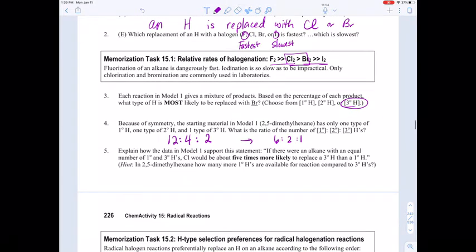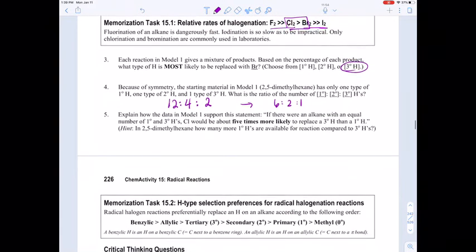Explain how the data in Model 1 support this statement. If there were an alkane with an equal number of primary and tertiary hydrogens, chlorine would be about 5 times more likely to replace a tertiary hydrogen than a primary hydrogen. Okay, hint: in 2,5-dimethylhexane, how many more primary hydrogens are available for reaction compared to tertiary?